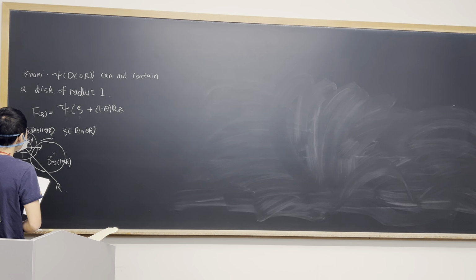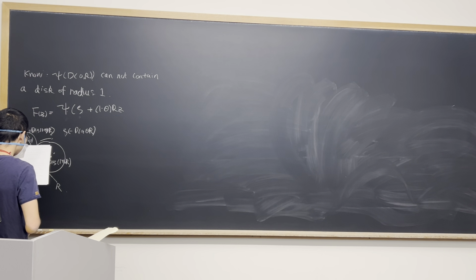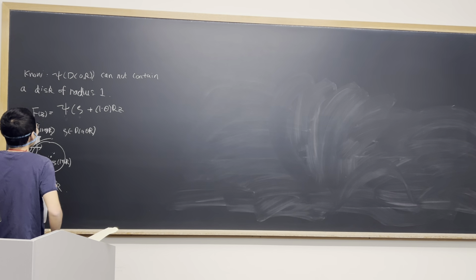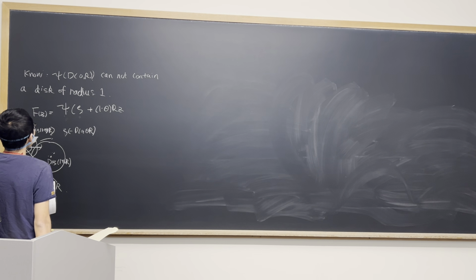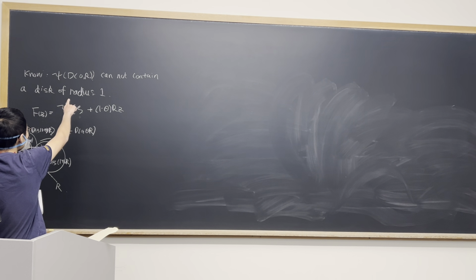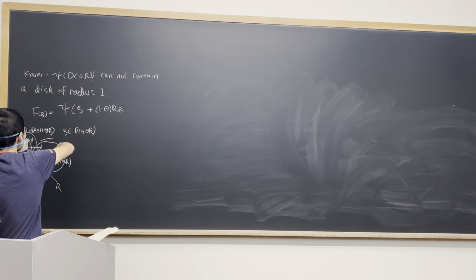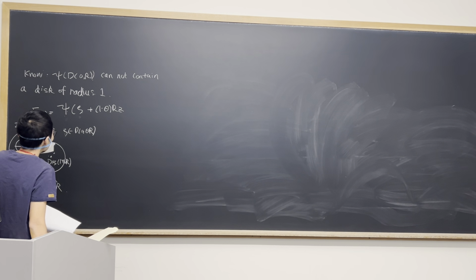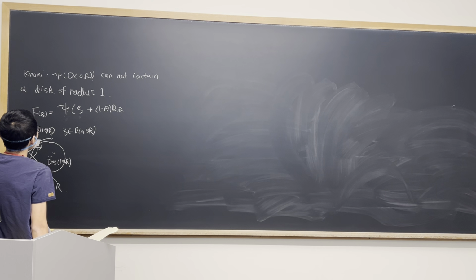So it says it cannot contain a disk of radius 1 over 1 minus theta times r. Here the question is saying that, basically, we know that phi cannot contain a disk of radius 1.